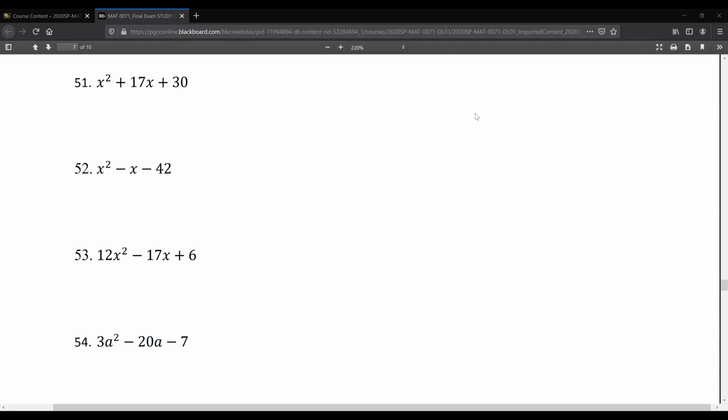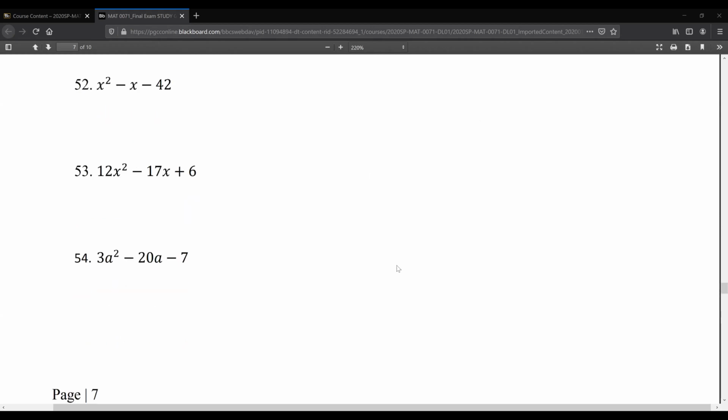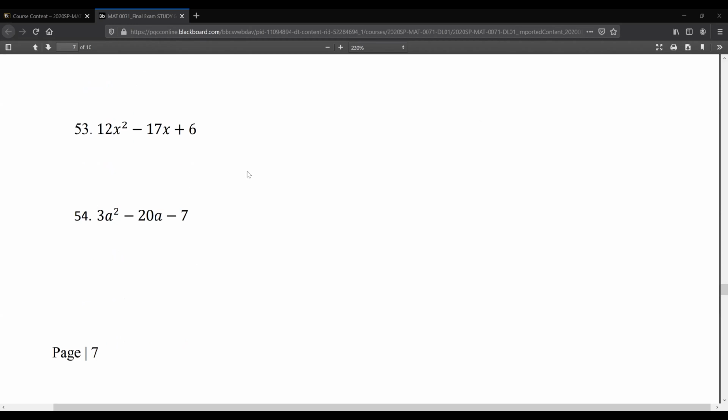Okay, so let's look at 54. We can look at 53 and 54, and the reason I want to look at both of those is because neither one of them has a greatest common factor.